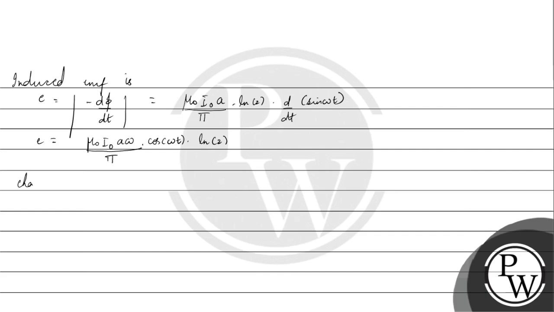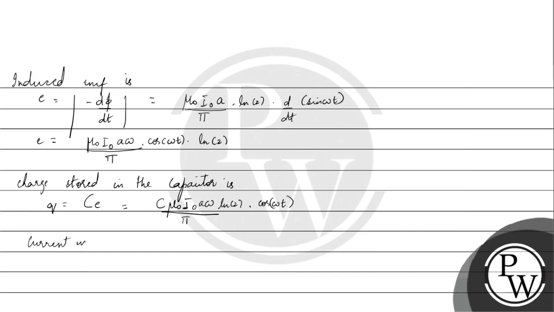So charge stored in the capacitor is given by Q is equal to the capacitance into the induced EMF. तो ये होगा C into mu naught I naught a omega by pi ln 2 into cos omega t. So finally we will see what is the current in the loop.